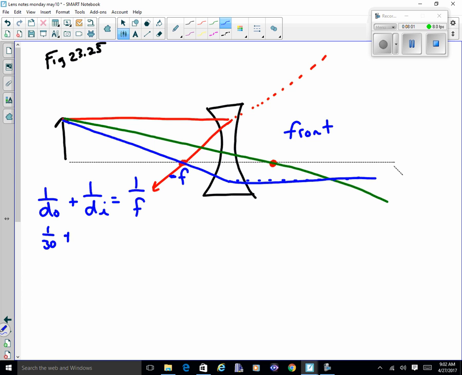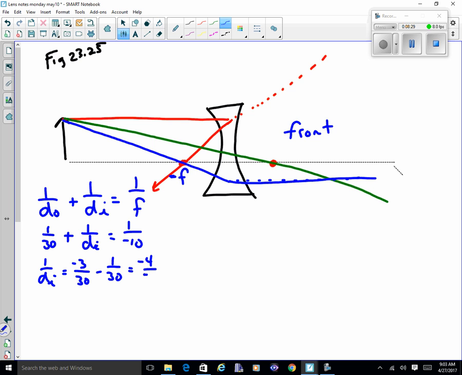But the focal length, since it's a diverging lens, has to be negative. So I'm going to put 1 over a negative 10. When we now figure out the image distance, I'm going to put in negative 3 over 30 minus 1 over 30, and so it gives you a negative 4 over 30.